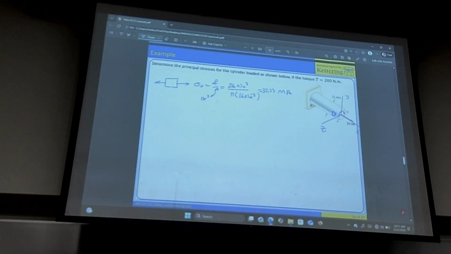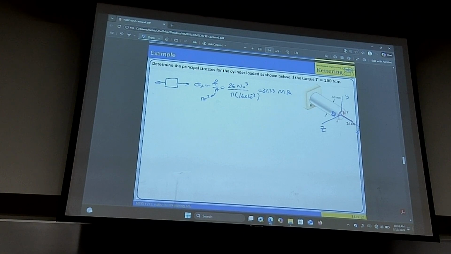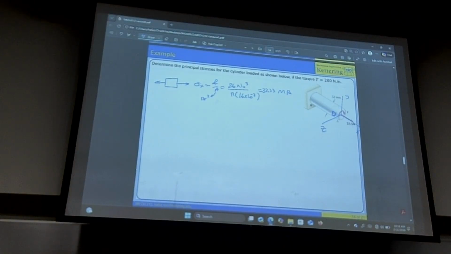All right, I think I have to not give you the point so that you fix it. Olivia and Justin, I saw first, I think you guys go for it. You give me the tau and the term in the denominator. Tau is equal to T times R over J. And then Justin, please give me the J equation. I don't have that currently, so I'm going to pass.